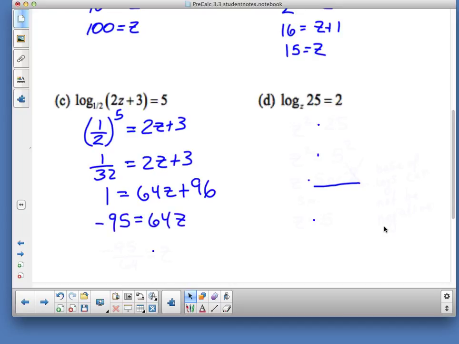Now, keep in mind, I am solving to find the value of z. Now, if I take that negative 95/64ths, I pop it into z and multiply that by 2 and add 3, that's the value that I'm looking for.